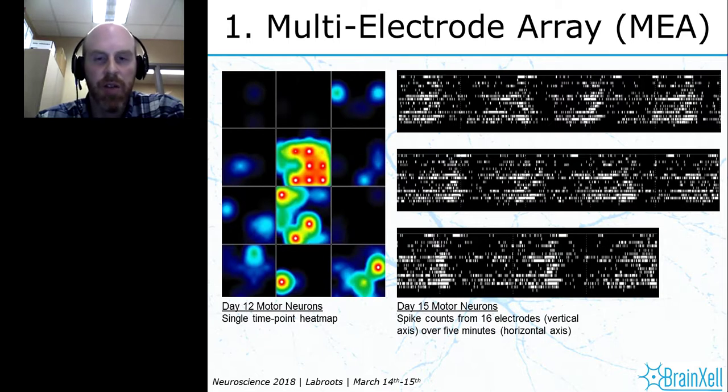You can see here, if you look at these traces, that the activity is synchronized to some extent, every 30 seconds or something like that. So you can get really robust activity, and here we're talking about cultures that are 1 to 2 weeks old. So this is really looking more closely at the functional activity of the neurons rather than, say, protein expression or expression of a certain receptor.